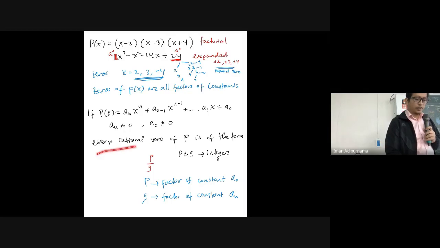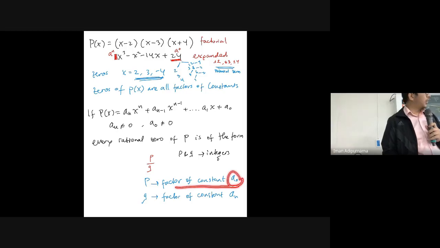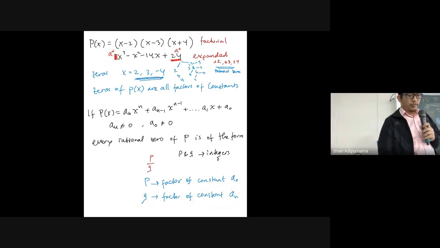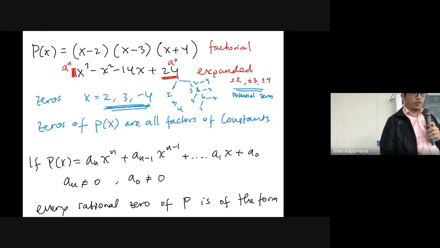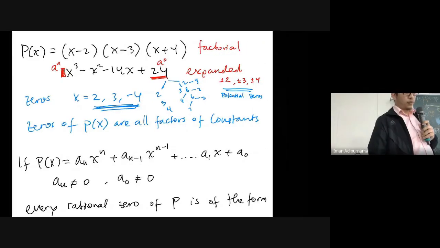So every rational zero of the polynomial function is of the form p over q. What is p? What is q? P is the factor of the constant a naught, the last term, and q is the factor of the constant a n here. So if you see here, 24 over 1, meaning factors of 24.